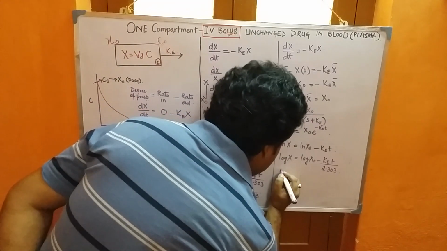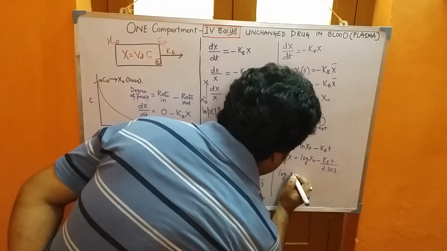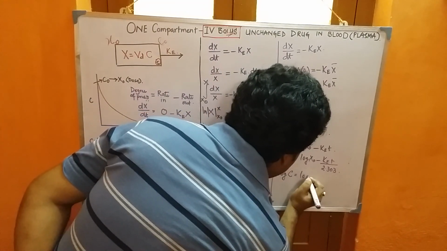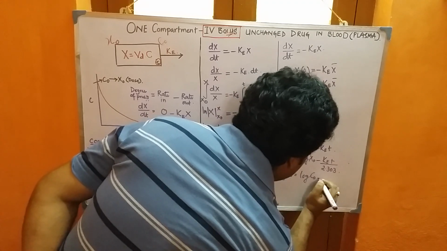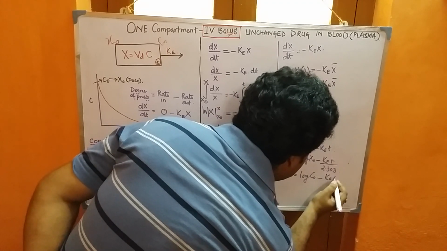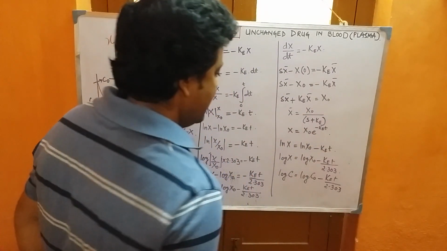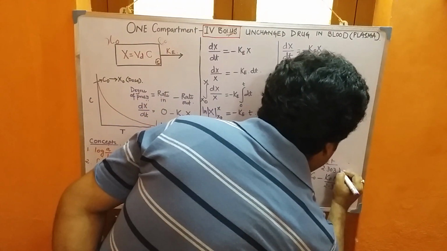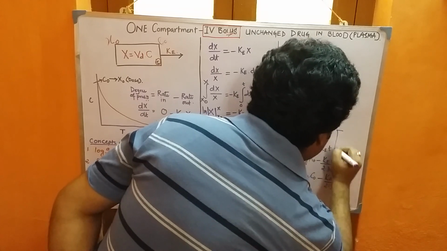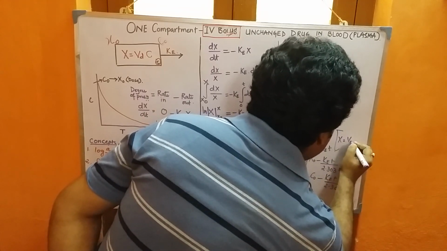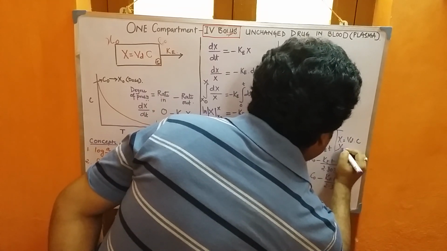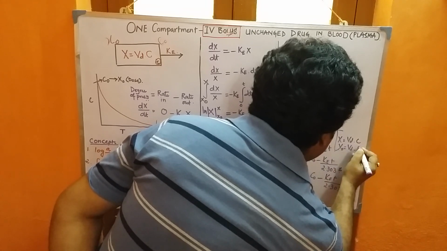So the final equation in concentration will be log C equals log C naught minus Ke t by 2.303, because we know that x equals Vd into C and x naught equals Vd into C naught.